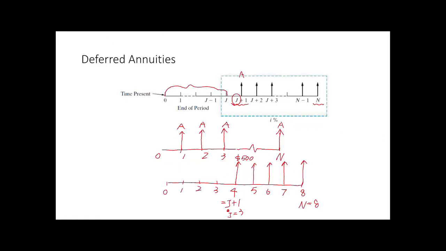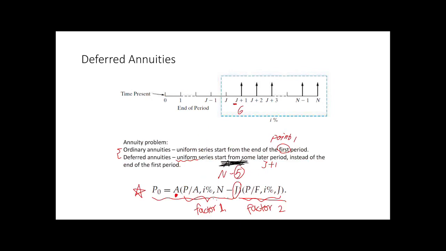And then we learned the deferred annuities, and we said the J is very important. Based on the given cash flow diagram, you need to determine what is the right J so that you can use the formula correctly. You see in this formula, the J and the J here, right?